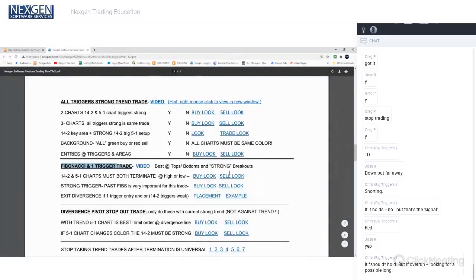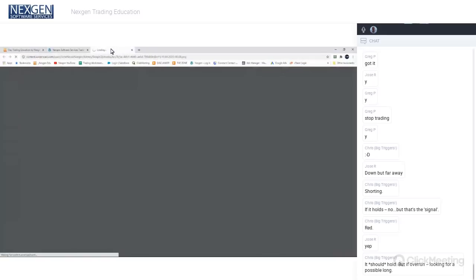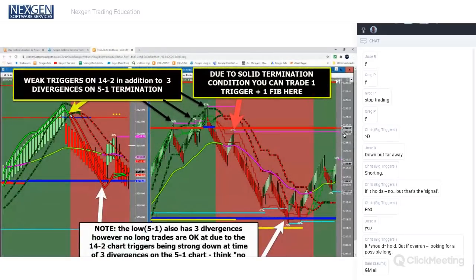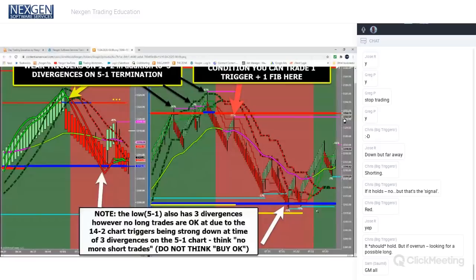And again, the whole concept is I'm not trying to stop you from doing a trade. I want you to do trades at the tops or the bottoms. So if you get a top, let's say a weak trigger and 3 divergences, which is one of our top conditions, when the fibs and triggers agree with going down on your small chart, take advantage of it. I'm totally cool with that.